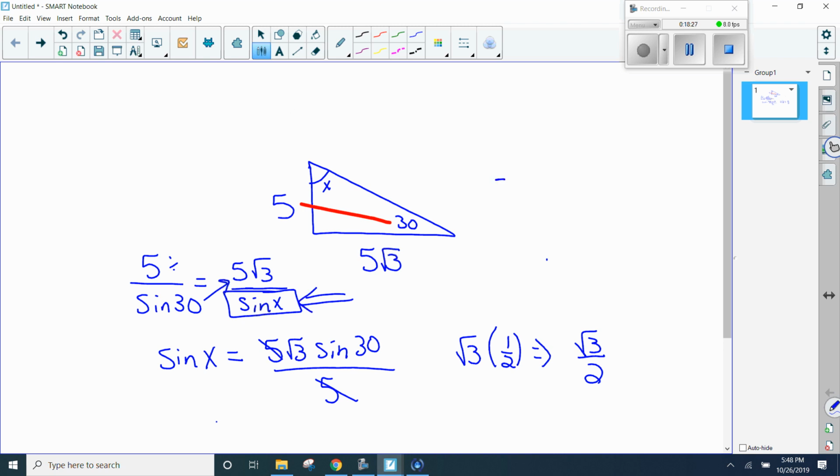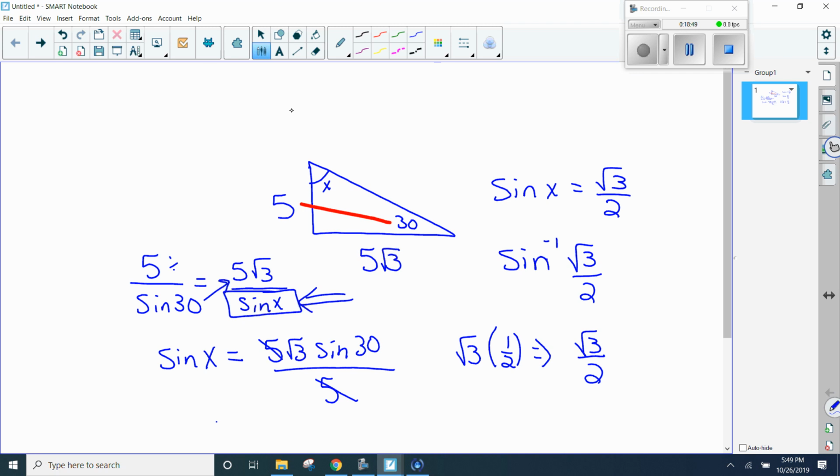So it's saying the sine of x is equal to radical 3 over 2, which is the same thing as the inverse sine of radical 3 over 2. What I wanted to point out is that if you're looking for the angle measure, you are going to have to do the inverse. So you can't just stop with radical 3 over 2.